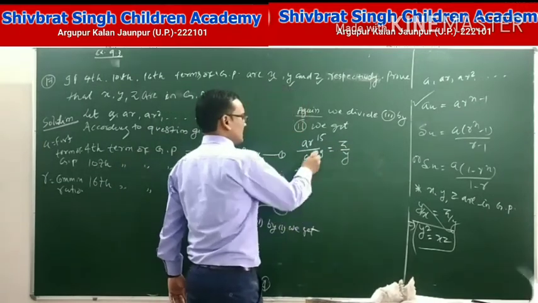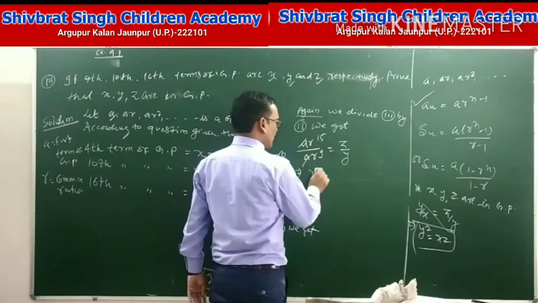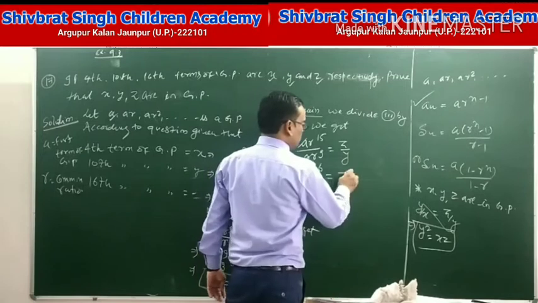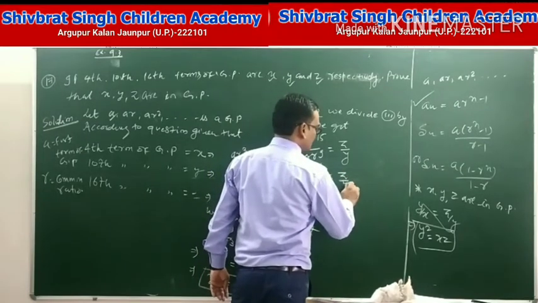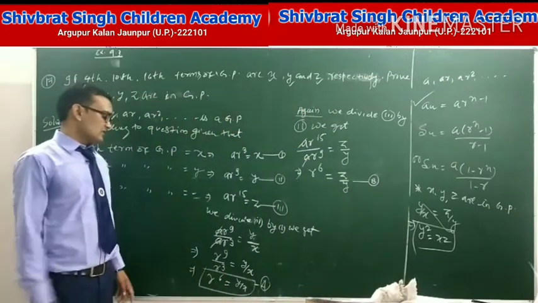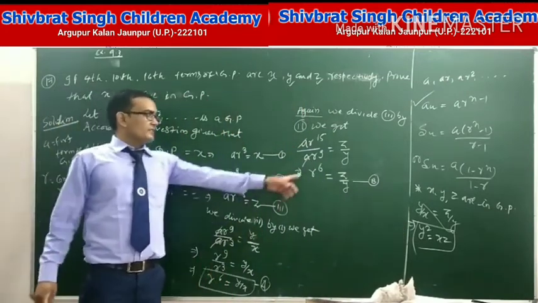This implies that A will be cancelled, R to the power 6 is equal to z upon y. This is denoted by B. We observe A and B.